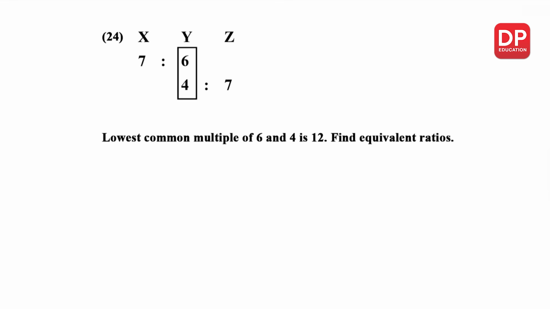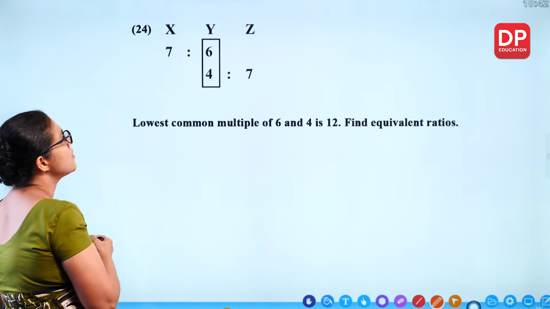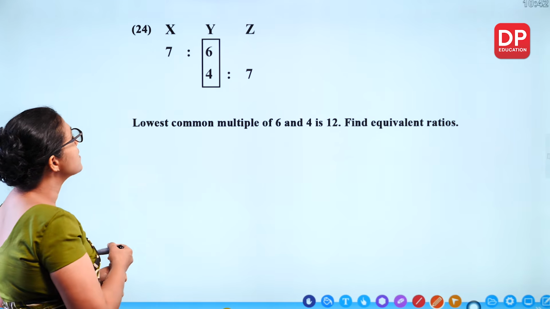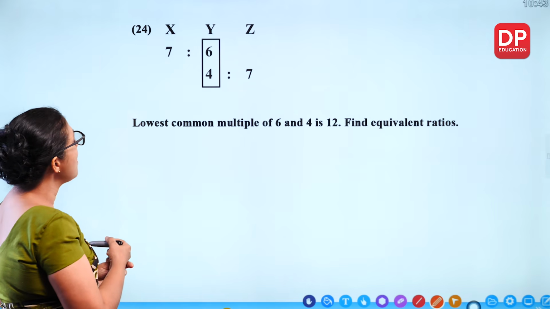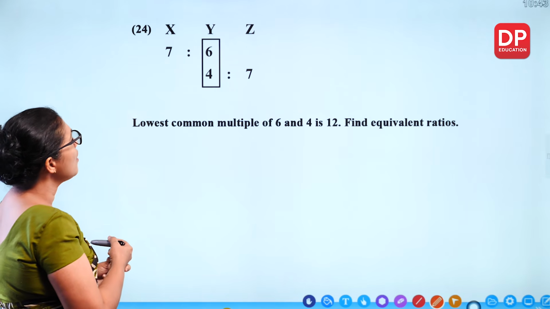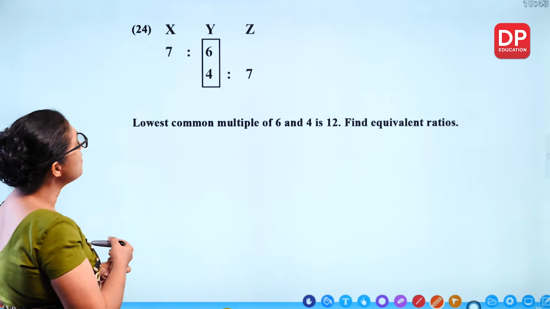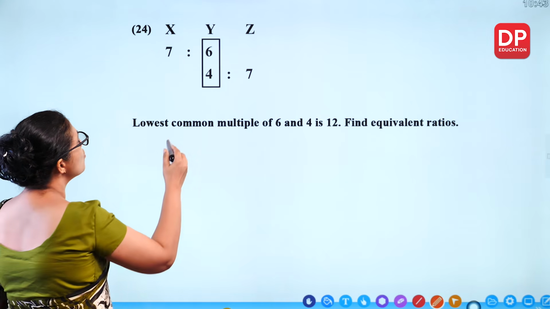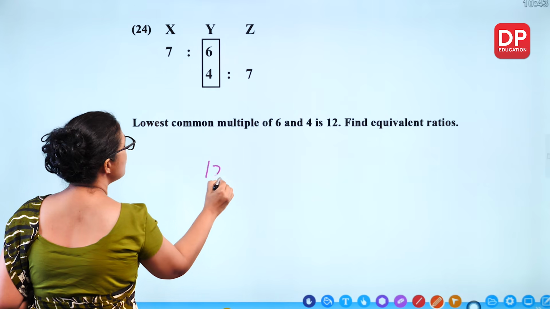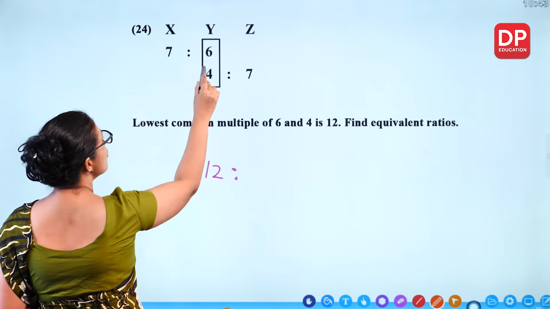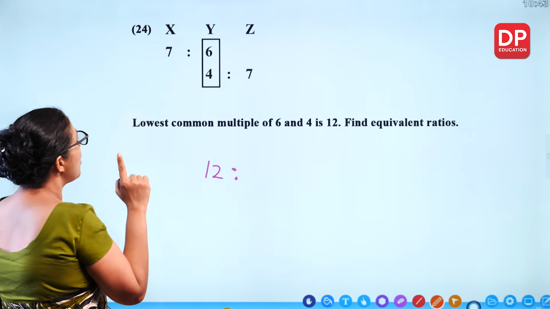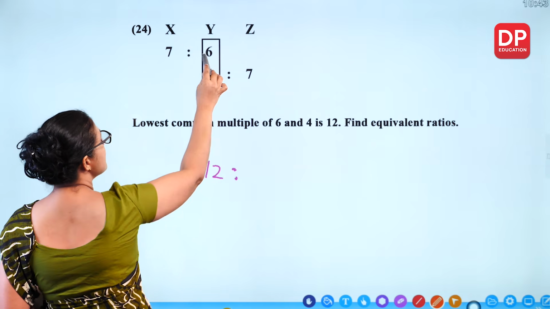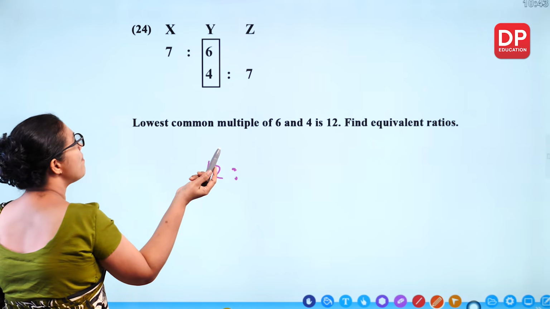This one, X to Y to Z. X to Y is 7 to 6. Y to Z, 4 to 7. Now you need to find out the lowest common multiple of 6 and 4. What's the value? 12. So you need to convert this to 12. Now this one, 6 to 12, that means multiply by 2.